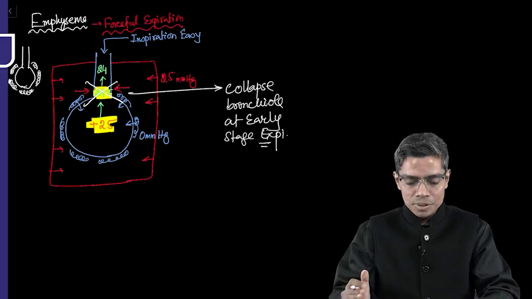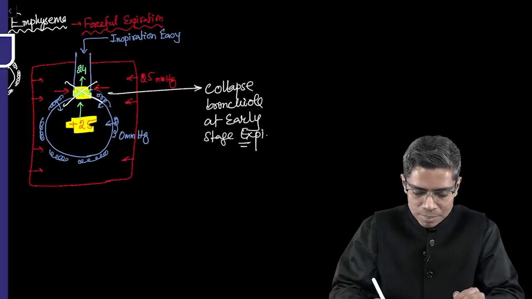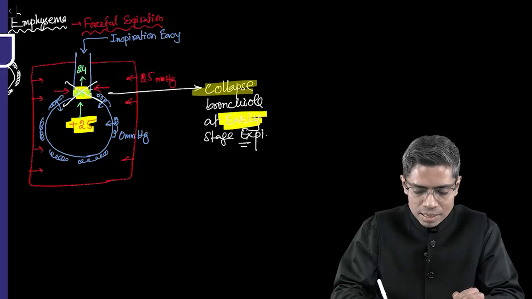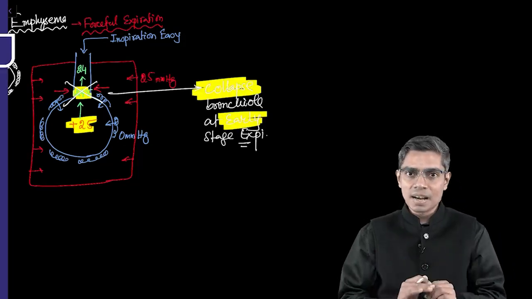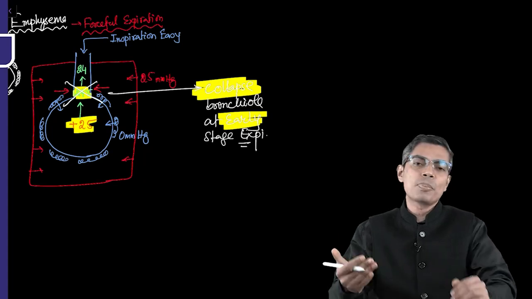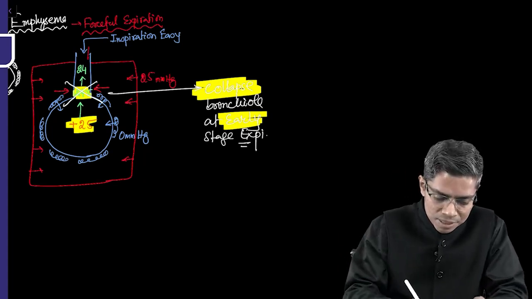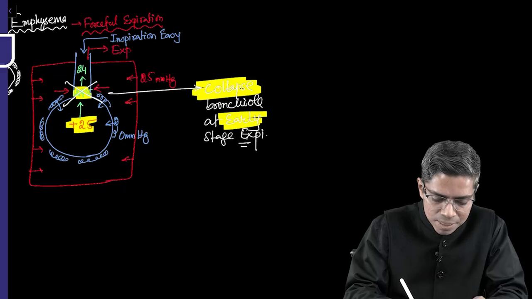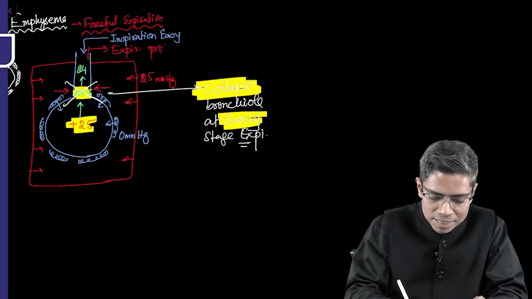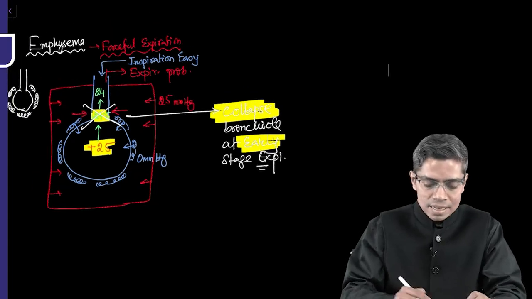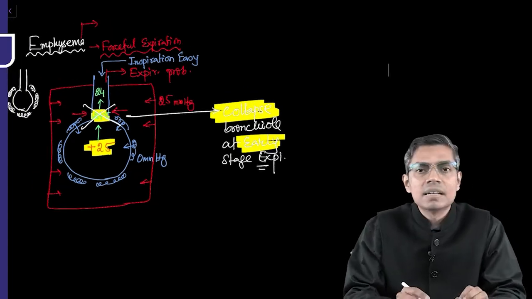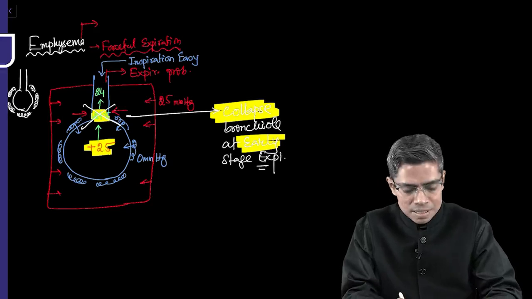So we say that emphysema means there is early collapse. Now if there is early collapse, when is the problem arising, inspiration or expiration? Obviously the expiration is problematic. That's why I am saying that emphysema is under the category of obstructive disease.